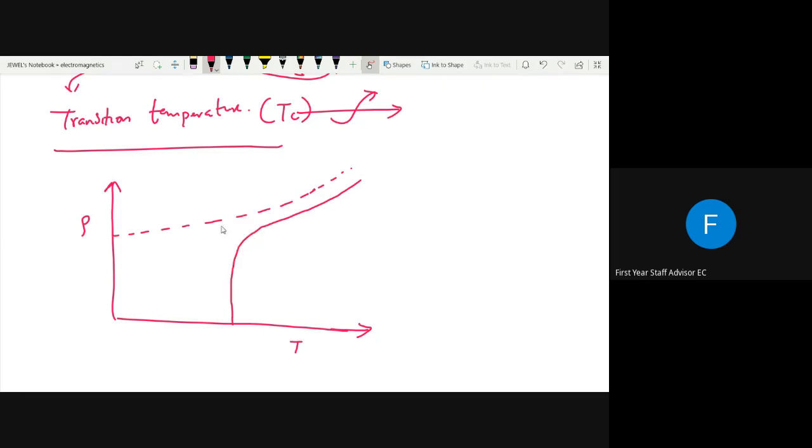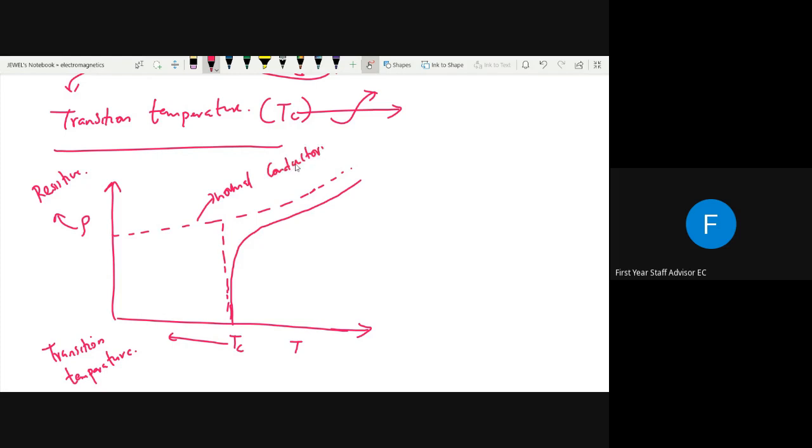Let's call this temperature Tc. This is the transition temperature. So normally when we observe the variation of resistivity, we observe that resistance decreases with temperature in the case of normal conductors.